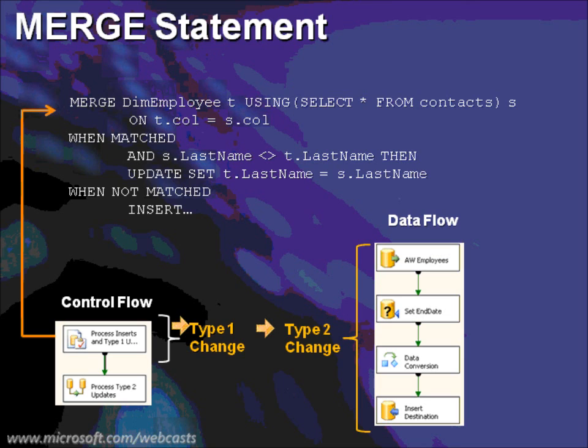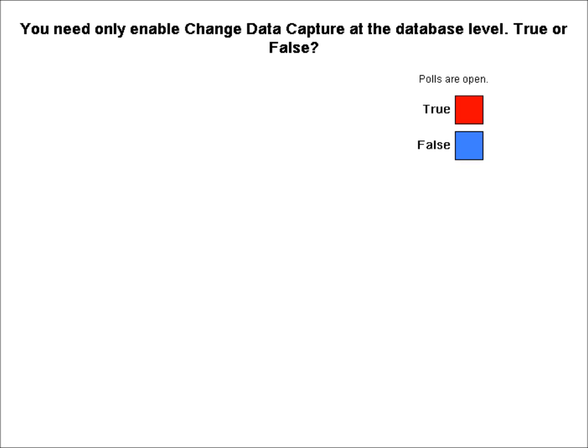Let's do a review on managing change, and we'll go back and see if we can get into that demo again. So you need only to enable change data capture at the database level, true or false. Kind of a trick question.